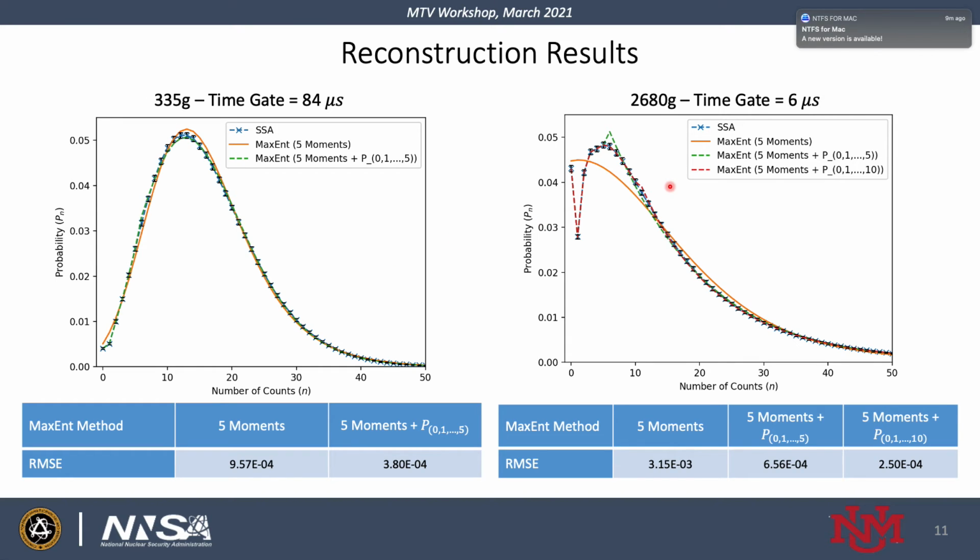For the 2680 gram case, on the other hand, SSA took 151 seconds, while the maximum entropy reconstruction only took 0.02 seconds for the moments only, 0.11 seconds for the moments and the first 6 points, and 1.87 seconds for the moments plus the first 11 points.